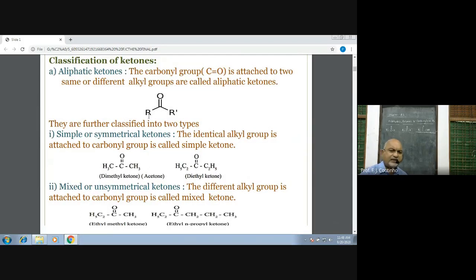Here R can be an alkyl group or an aryl group. Here it is the carbonyl carbon, carbon linked with divalent oxygen. In case of aldehyde, the R dash position can be hydrogen. In case of ketone, this R dash position can be an aryl group or alkyl group.